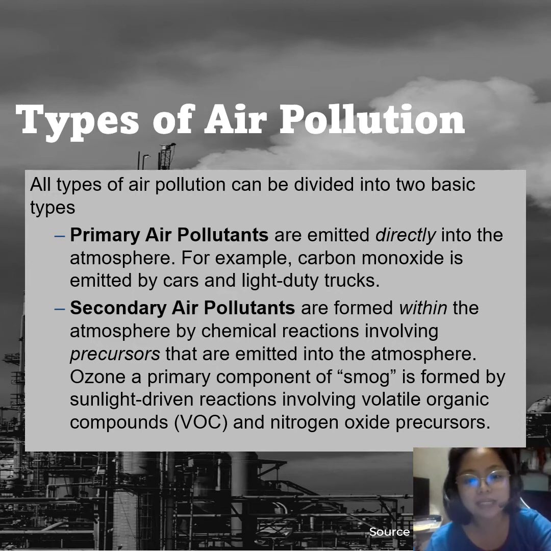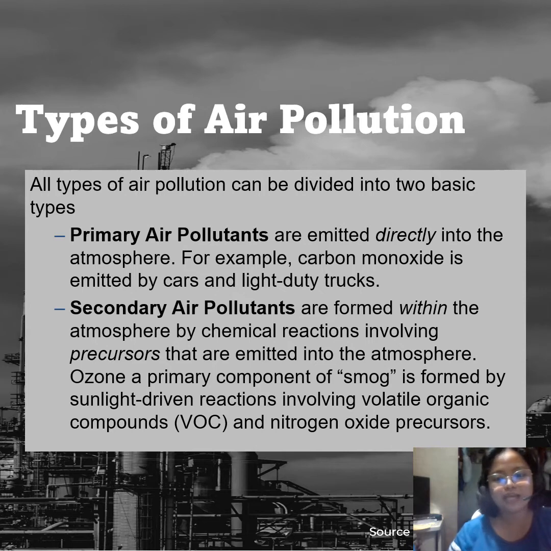When we talk about secondary air pollutants, these are formed within the atmosphere by chemical reactions involving precursors that are emitted into the atmosphere. Ozone is a primary component of smog, formed by sunlight-driven reactions involving volatile organic compounds, or VOCs, and nitrogen oxide precursors.